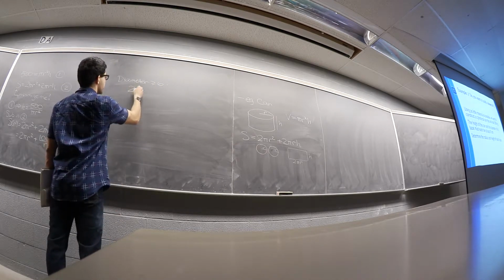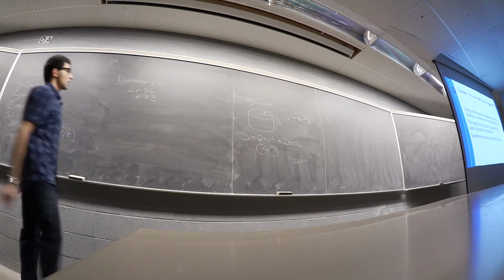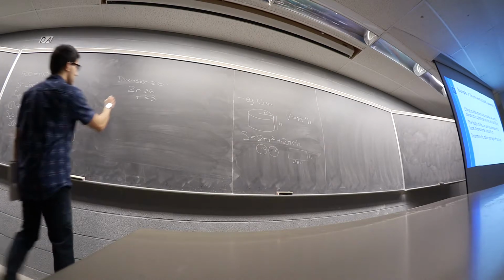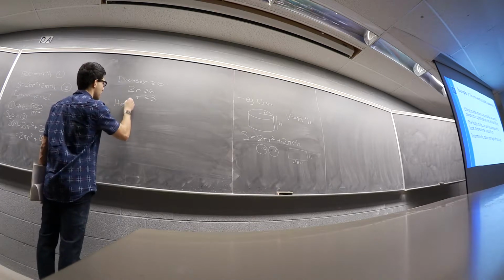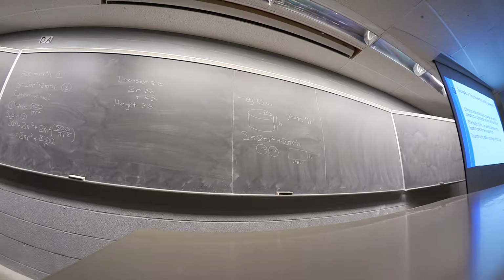What does that tell you? Diameter at least 6 means radius at least 3. The height must be at least 6. What does that tell us?